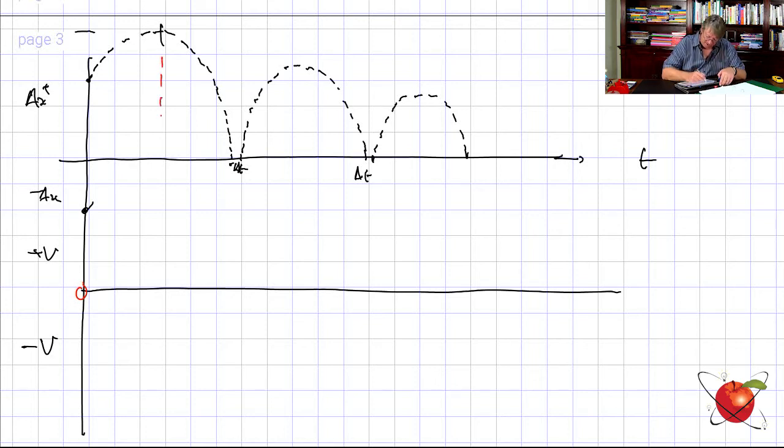Therefore at this point, that's the maximum height, which corresponds to the velocity equal to 0 at that point. It's my turning point.